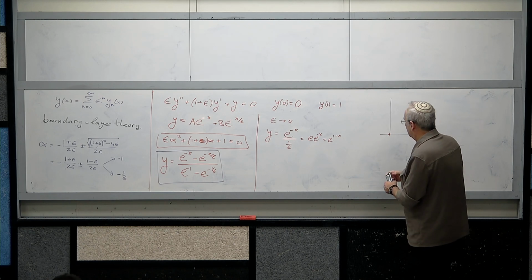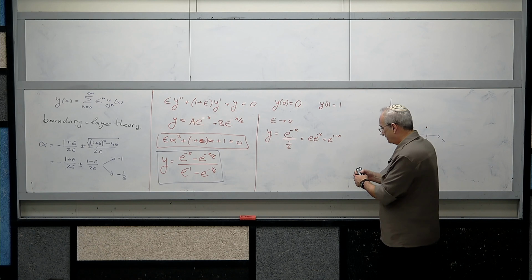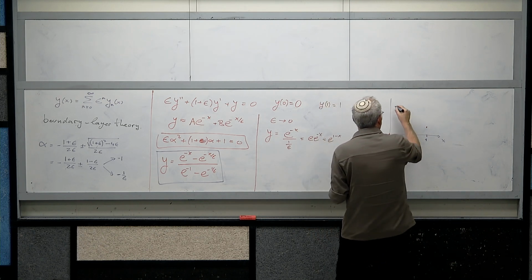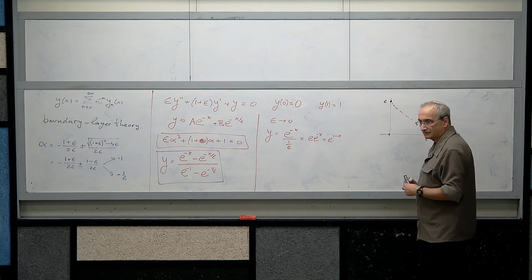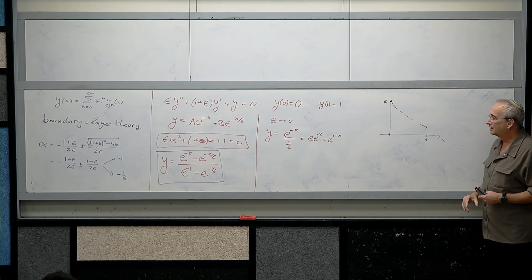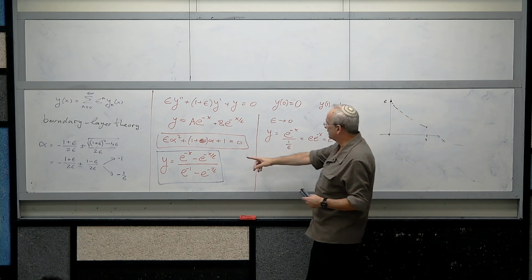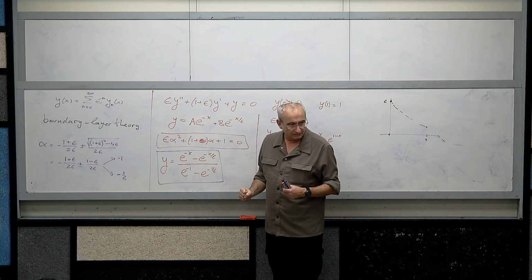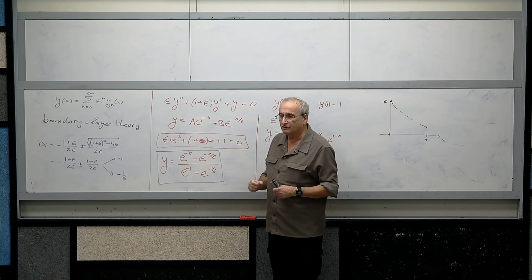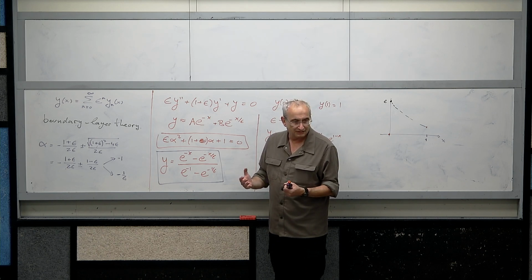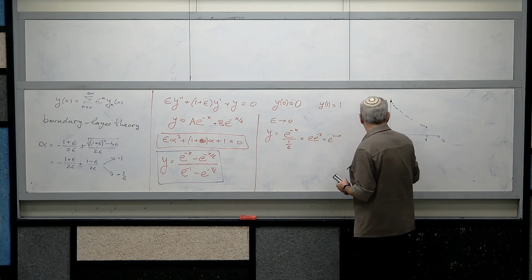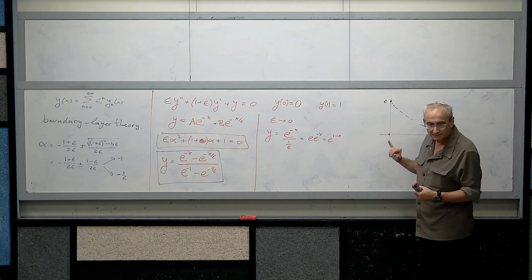So this y is actually starting at e and going down to 1. This is the solution that I will get if I take epsilon to 0 here. So you see what's happened. It does not converge to the correct solution. Why? Because the correct solution must end up here, not here.